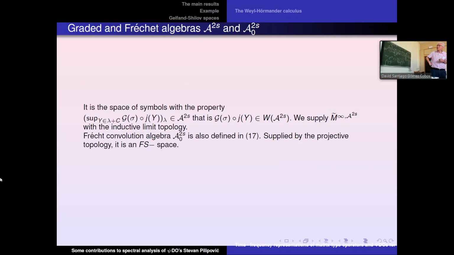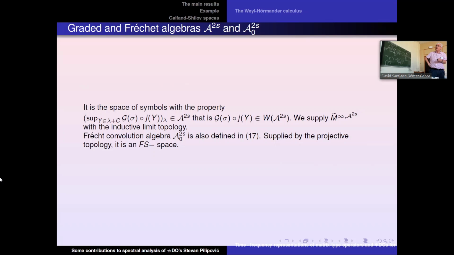And the same thing was done for, I think, yes, this is still on A to S. Remember, A to S is just the inductive limit of spaces A to S R. And so this is the space of symbols, which I already told.